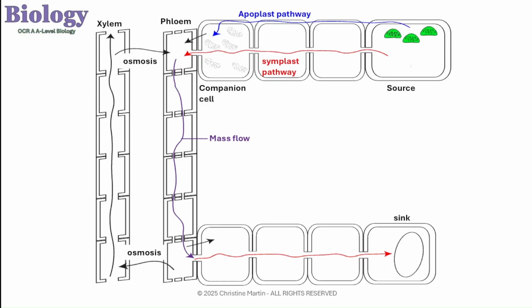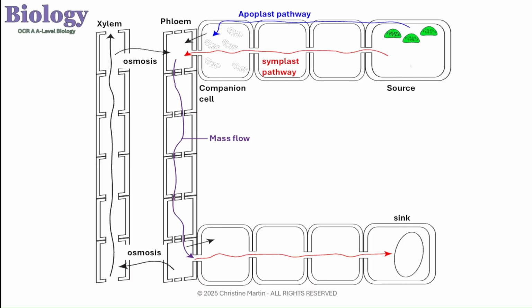Now, the rigidity and incompressibility of water, along with the structure of the cell walls in the phloem, results in a buildup of hydrostatic pressure. Water will flow from a region of high hydrostatic pressure to regions of lower hydrostatic pressure. This mass flow can be bidirectional, moving up towards developing leaves or down towards the roots.